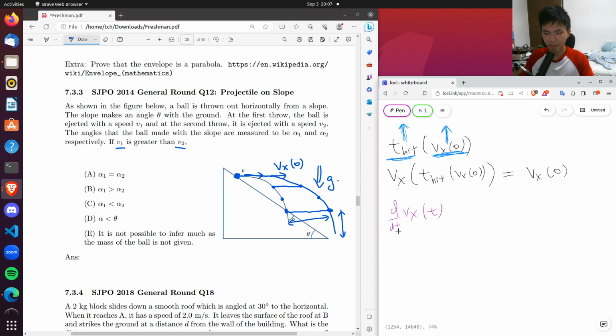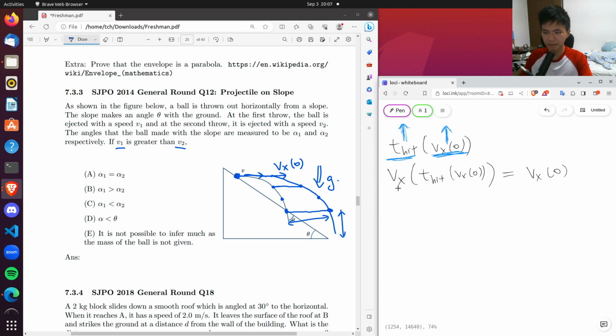The derivative of Vx with respect to time is 0. Vx is equal to the initial velocity because there is no horizontal acceleration.